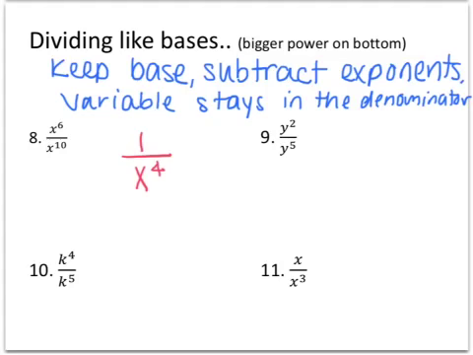Would that be a negative 4? Technically, yes. But until we get there, you're just going to subtract them, always make it positive, and put it wherever the bigger exponent is. But we'll get to your question in probably 2 days.